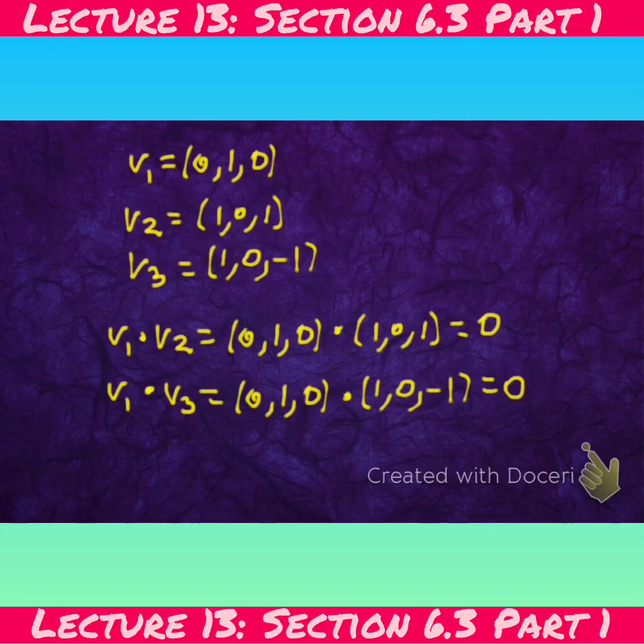And then lastly, because we're taking them pairwise, we take the dot product of the vector v2 with the vector v3.